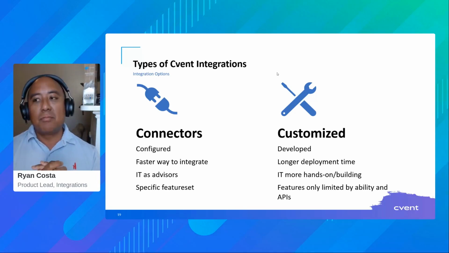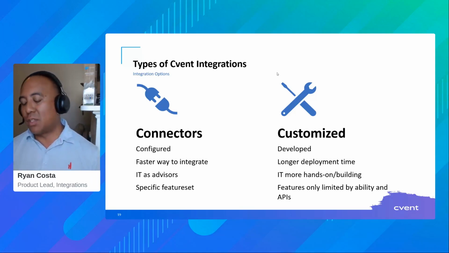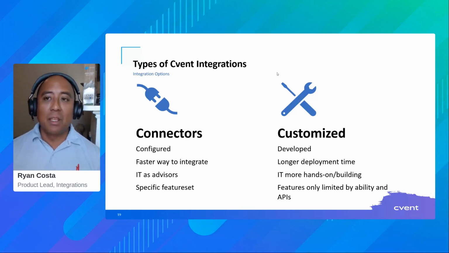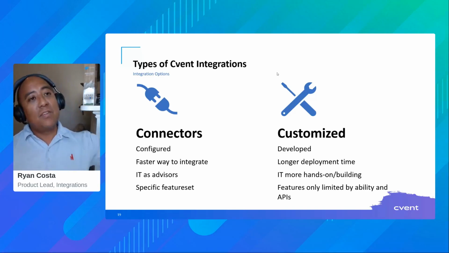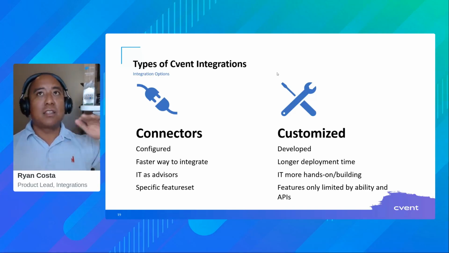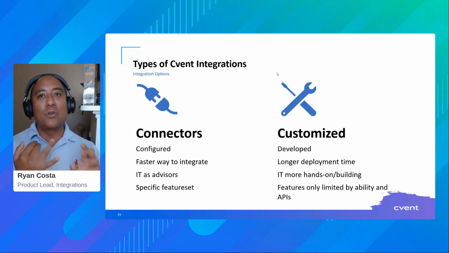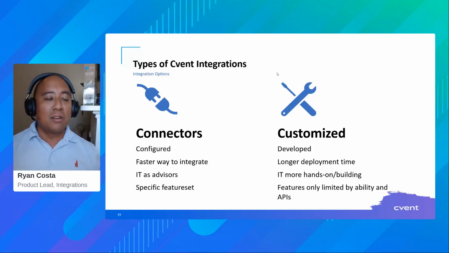Types of integrations. This is a little bit easier concept to understand. There are really two types when we talk about integrating with Cvent. First is a connector. In that simple and moderate use case, we were looking at connectors, right? An app that connects to Salesforce or a connector that goes to HubSpot. These require no actual coding or development.